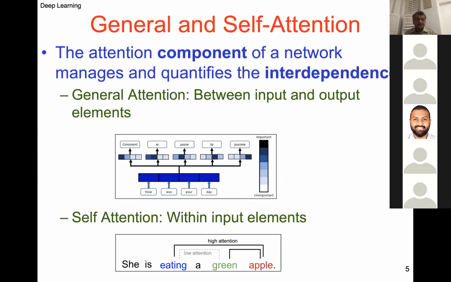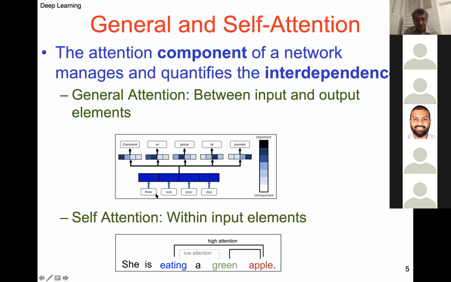So, general and self attention. The attention component of a network manages and quantifies the interdependence. Right? So what is the dependence between the words? We saw some examples. She was eating a green apple. So it quantifies the interdependence between words. General attention is between input and output elements.